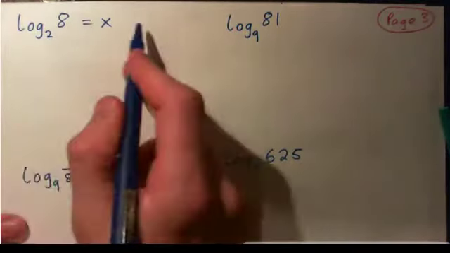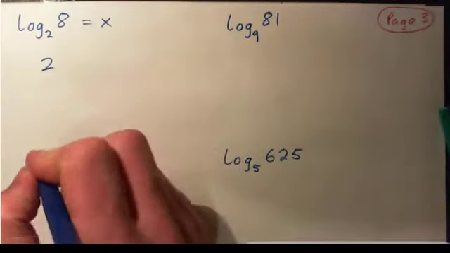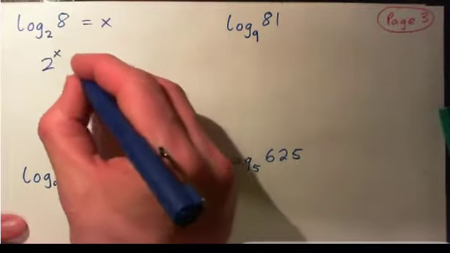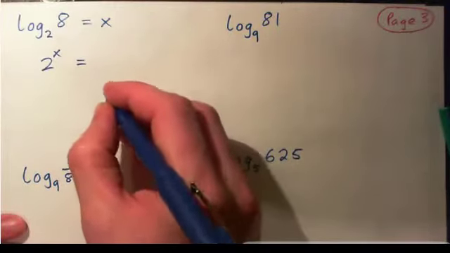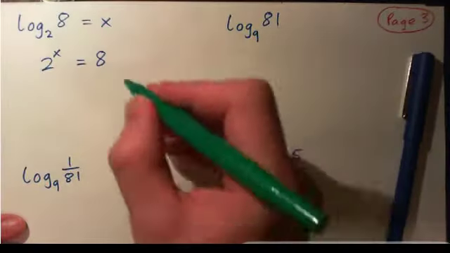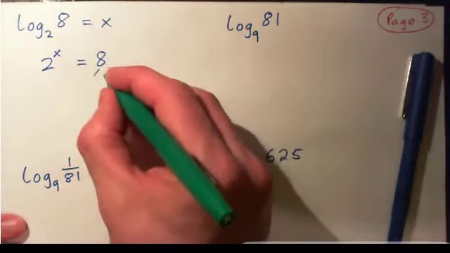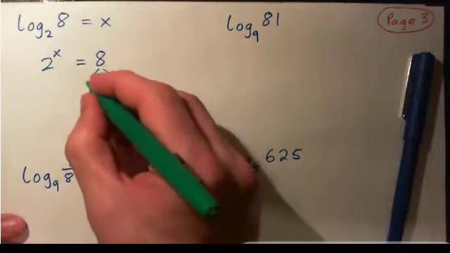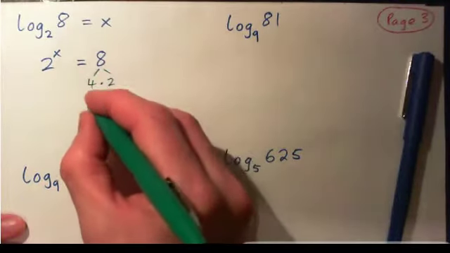We could say 2 to the power of x equals 8. And what happens when you factorize 8? What do you get? 4 times 2.